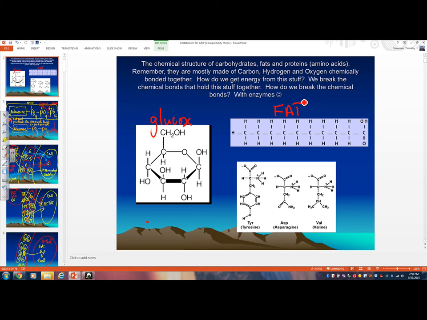So once glucose gets inside the cell, enzymes of metabolism, and the job of enzymes is to break the chemical bonds. And you learned in chemistry that this carbon and this oxygen are bound together by electrons. So what enzymes do is break those chemical bonds, and when you break those chemical bonds, you release those electrons. And those electrons have the ability to create energy.